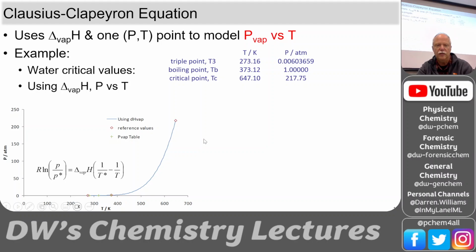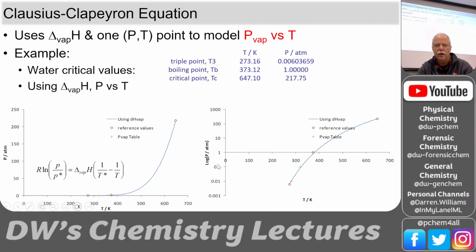And so that's the dramatic change in vapor pressure. If you were to take the log of P and just plot it versus temperature, it's not linear anymore. It's linear to 1 over temperature. And so this is what we get. This is the PVAP table. If you look up the vapor pressure, like on the CHEM web book with NIST, you would see these points fall pretty well on the line.